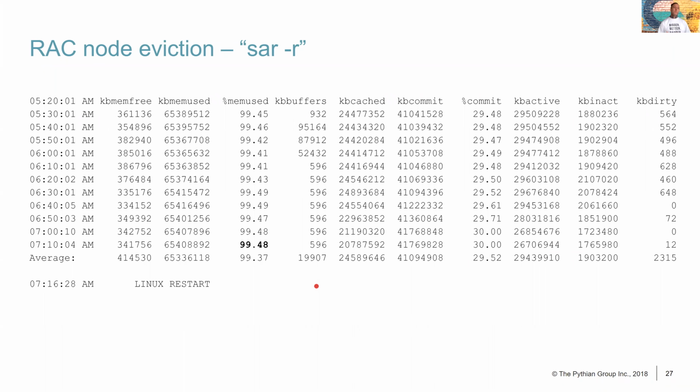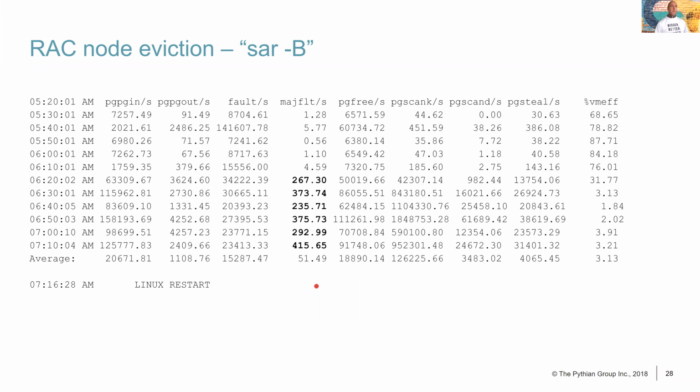You should not be seeing such a thing. Interestingly, we see lots of major memory page faults prior to the node eviction, which is a symptom. Typically, a major fault is a process saying, okay, I need this from memory. The kernel says, hold on, this is not in memory, I have to go to disk. So wait for me. And that's a lot of page faults.